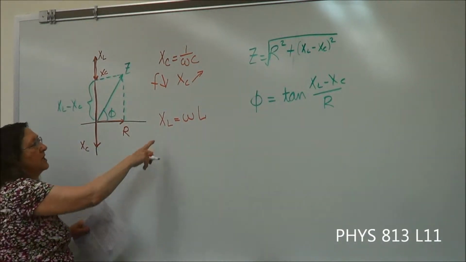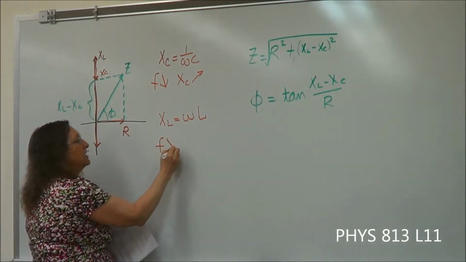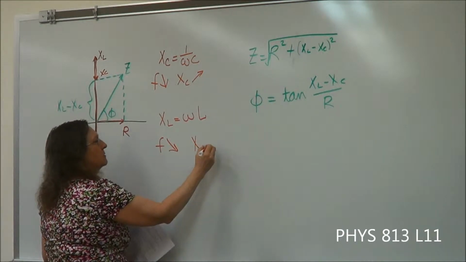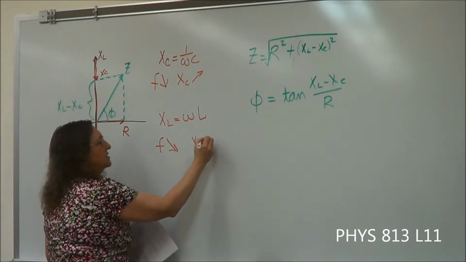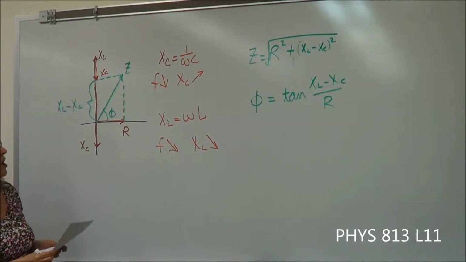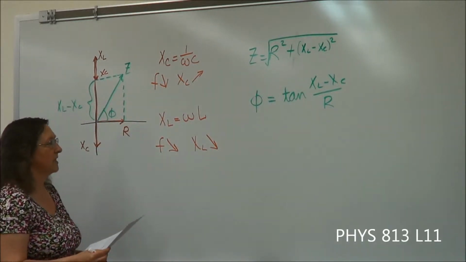If we do the same thing for the reactance for the inductor, if the frequency decreases, then the reactance of the inductor will decrease. I got my increase and decrease mixed up. Okay? So then the question is, well, what does that have to do with anything?